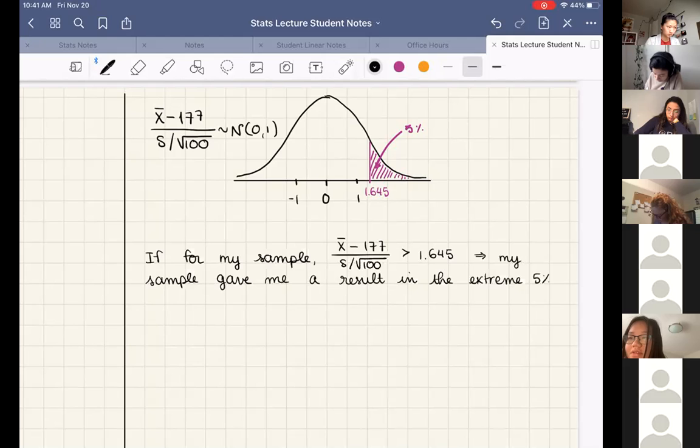And so it is unlikely. So it is unlikely to be this high due to chance alone.